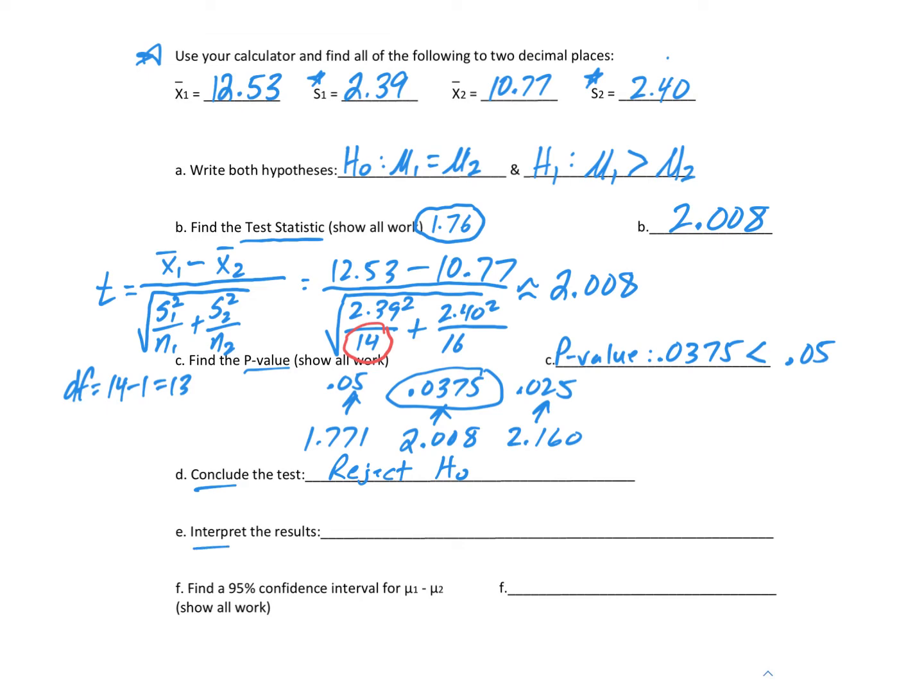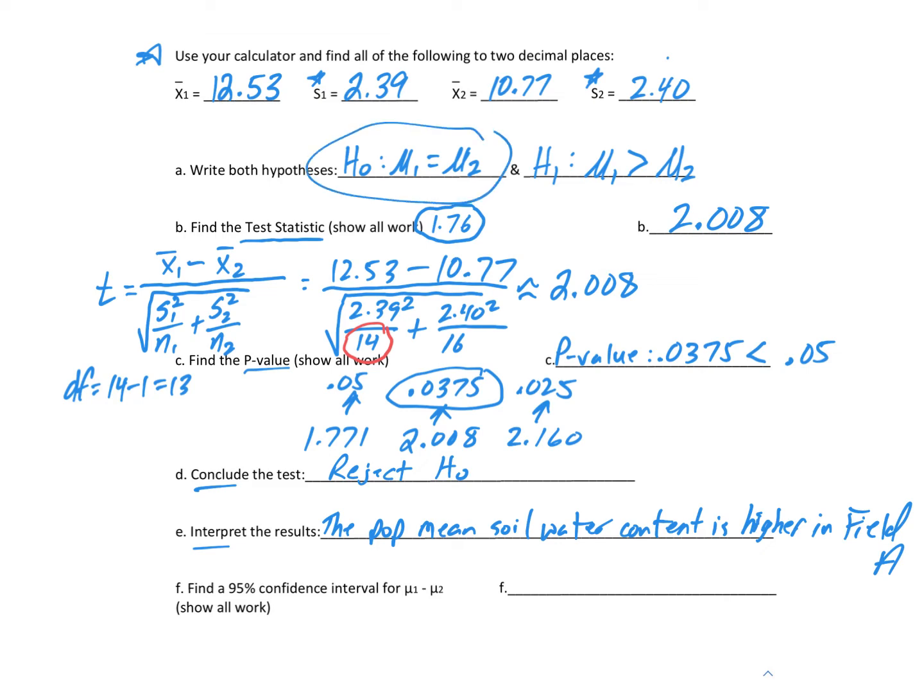Now we're going to interpret. Since there wasn't a set format, we're going to write these words. The population mean soil water content is higher in field A. All right, and remember, if you reject, you're rejecting that they're equal.